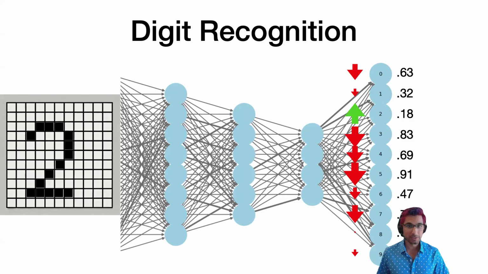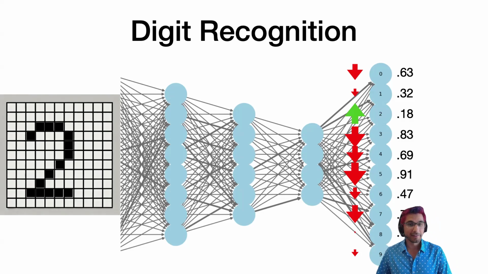And then what we do is we see which weights in the connection from the second to last layer to the last layer, which of those weights could we tweak that would make the results be closer to what is needed. So then this is what this is illustrating here.